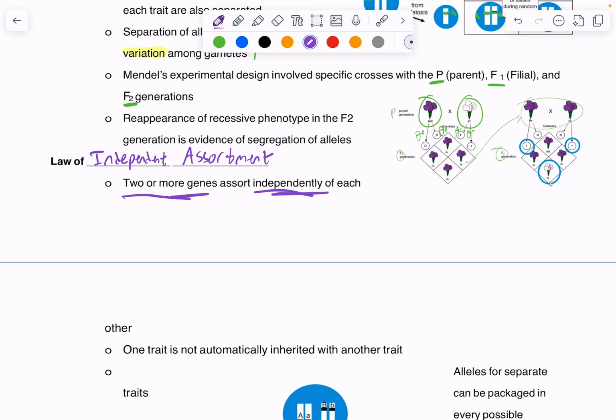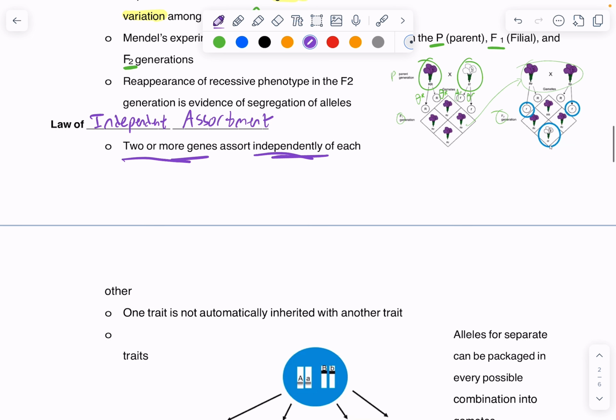Okay, so the basic idea of this is that genes are not linked. We will talk about linked genes later, but this is going to be a key component that we'll see, whether or not we can do a Punnett square and get expected results for them, whether or not they're linked or not.